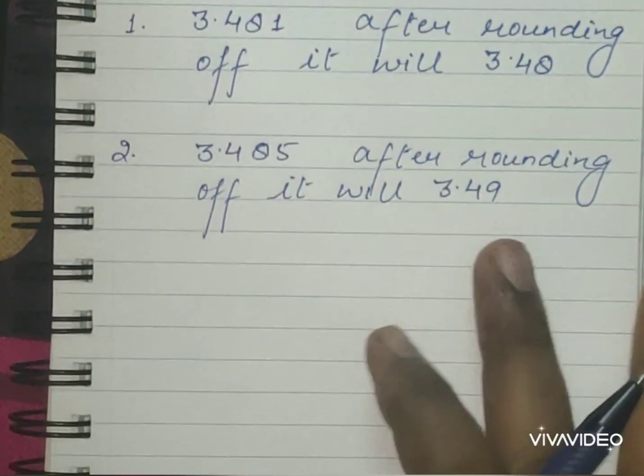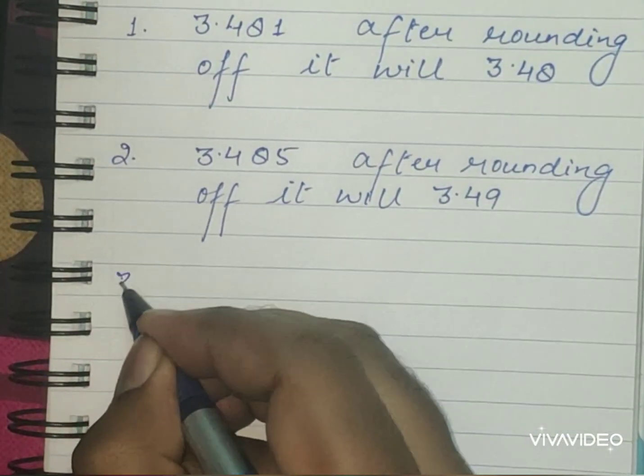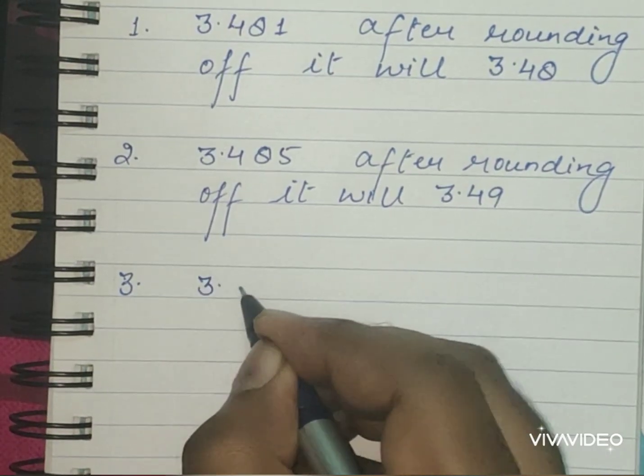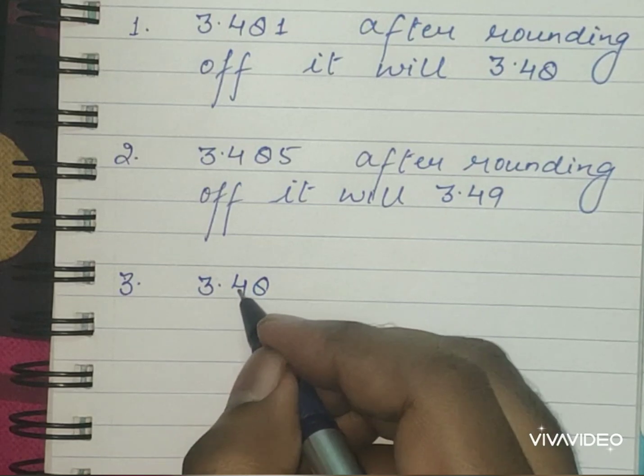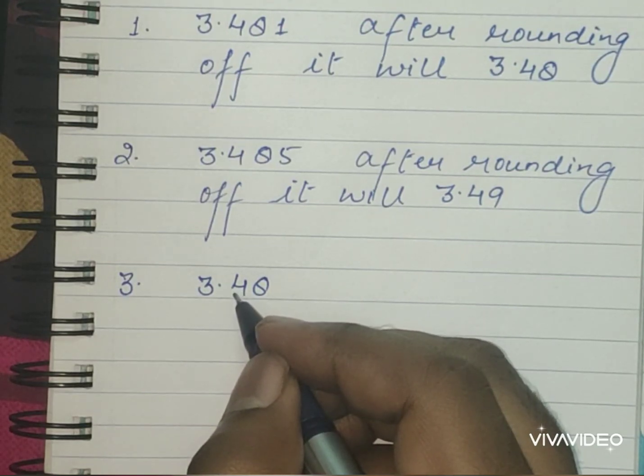If we need to make this till one place only, clear? For example, we need to write only till the one place of the decimal number.